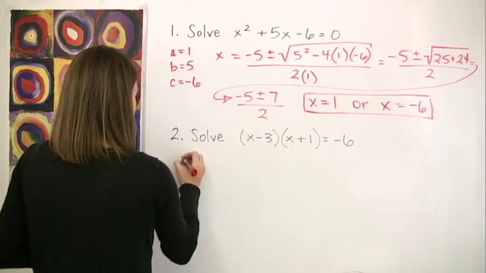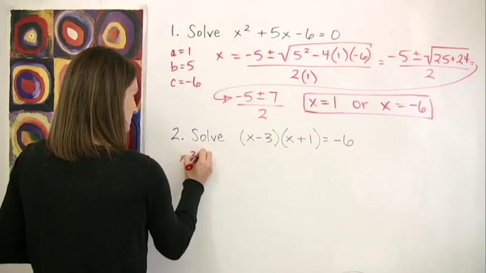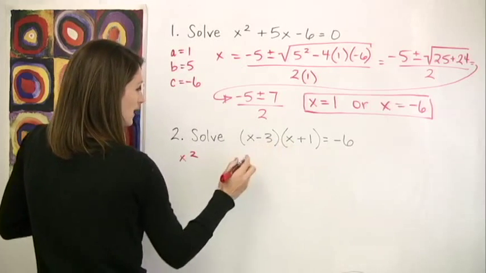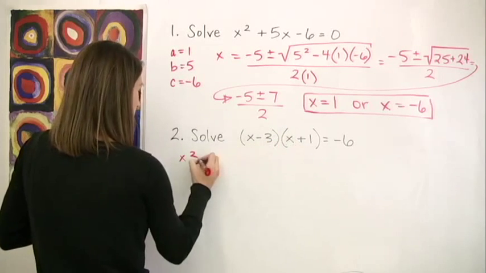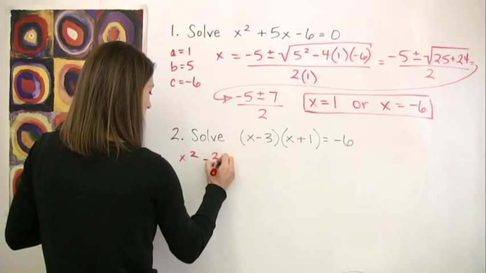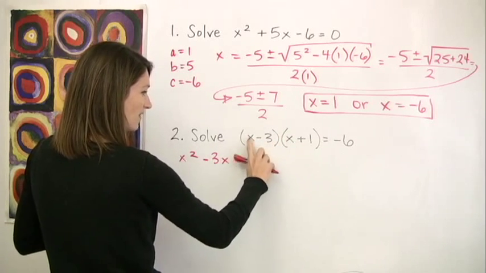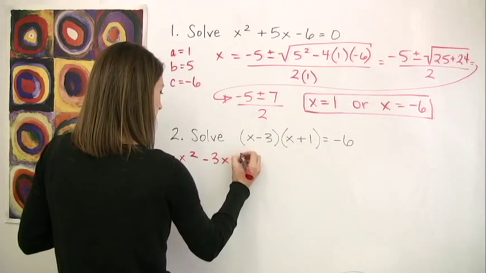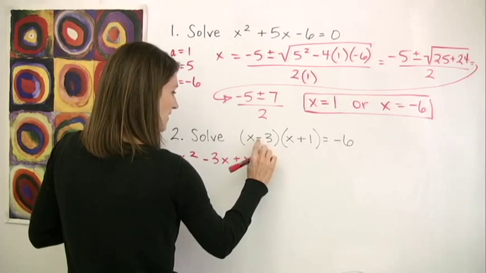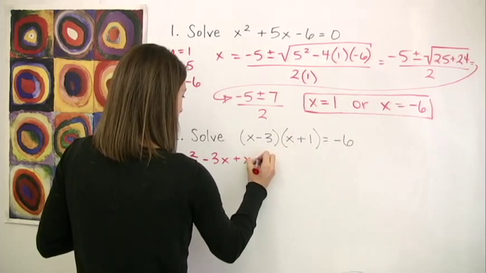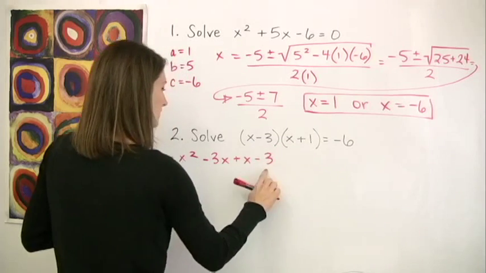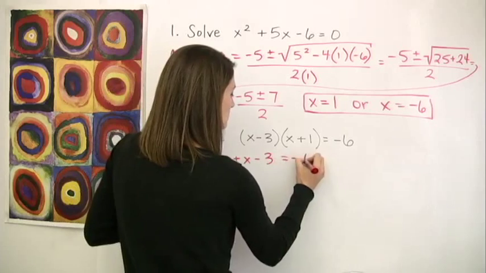So we have x times x is x squared, then negative 3 times x is negative 3x, and then we go the other way, so we have x times 1, which is just x, and then negative 3 times 1 is negative 3. And that's all still equal to negative 6.